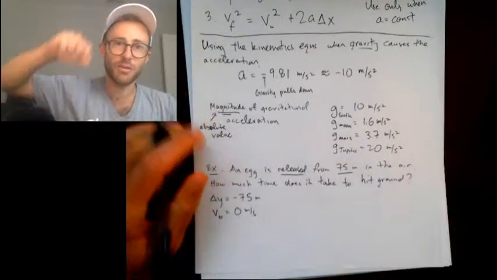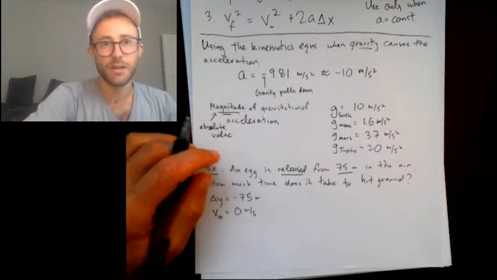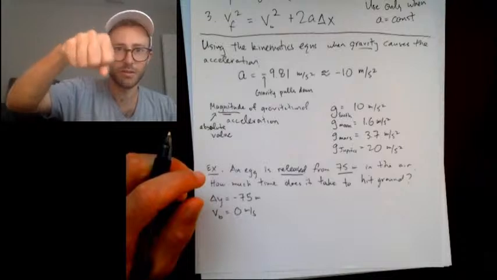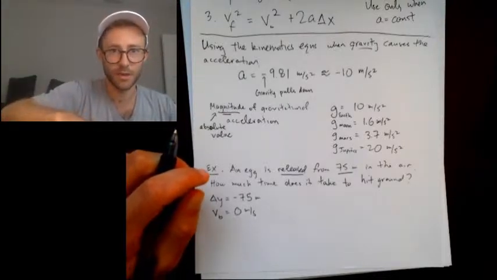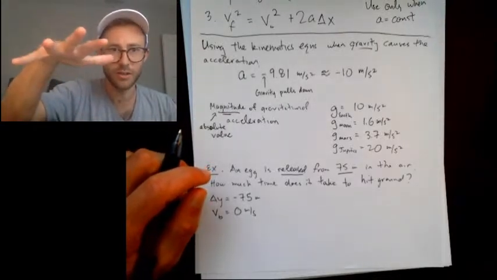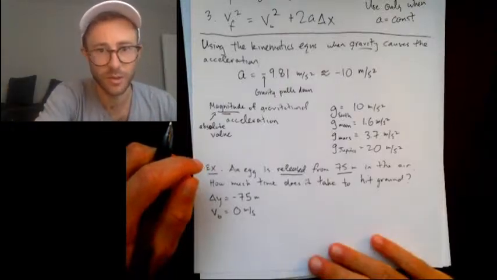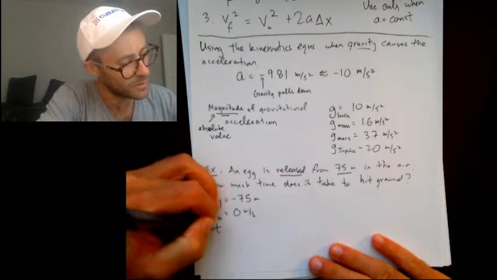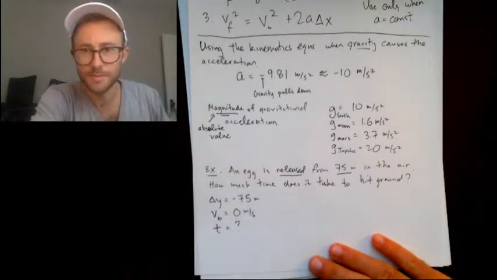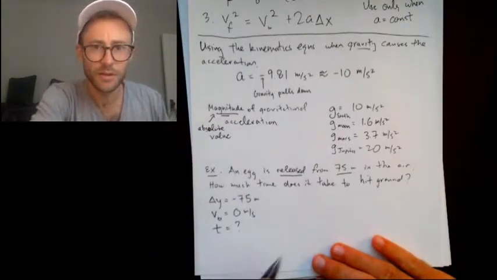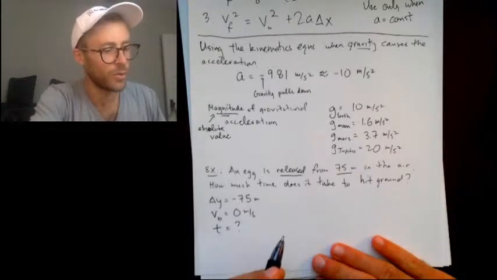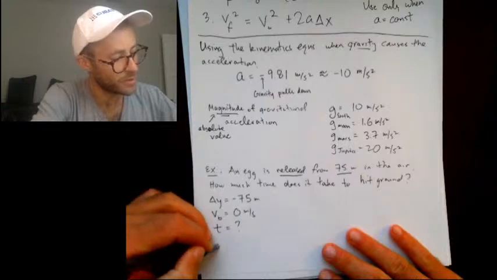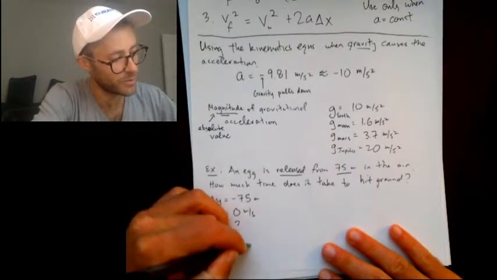If I said I threw the egg with a certain speed, that means the initial velocity is not 0. But if you just release something, you're not throwing it up or down. You're just letting it go with an initial velocity of 0. How much time does it take to hit the ground? So T is the question mark. And lastly, we're assuming that this is happening on Earth, so we have an acceleration of negative 10 meters per second squared.